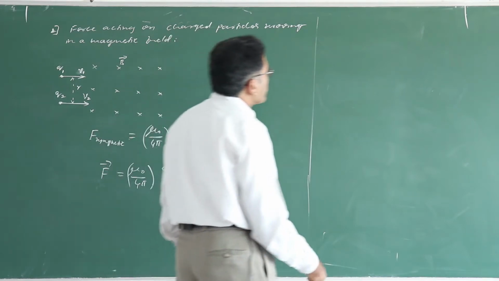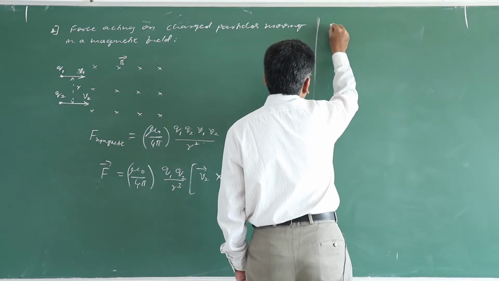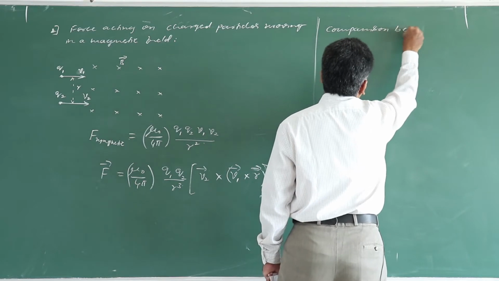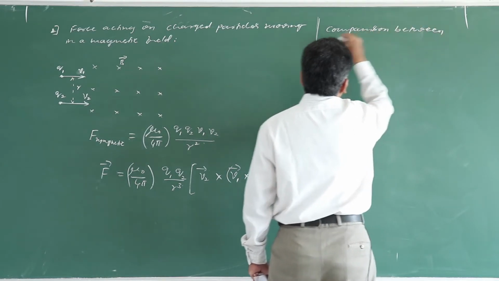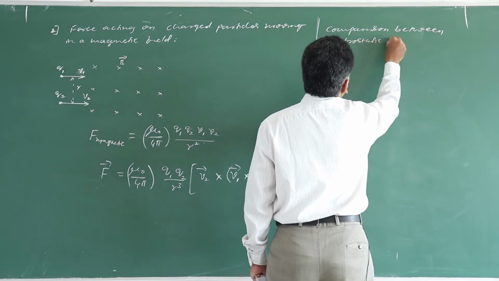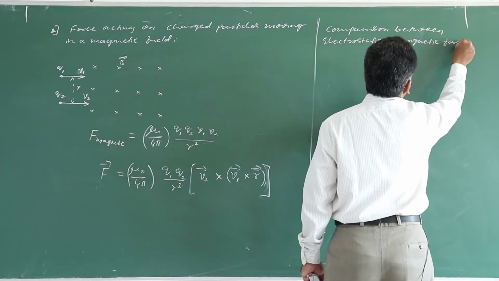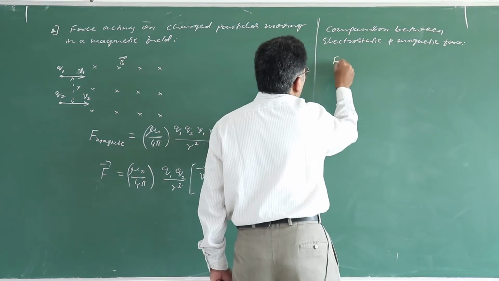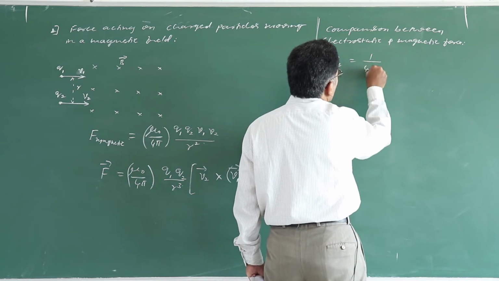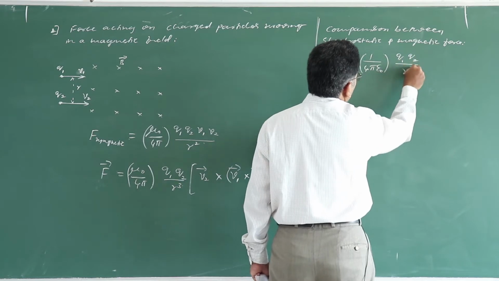Let us compare electrostatic force and magnetic force. The electrostatic force between two charged particles is given by 1 by 4 pi epsilon naught q1 into q2 by r square.